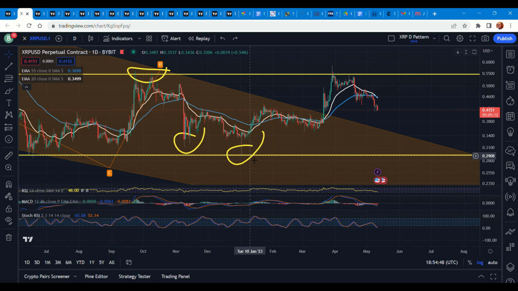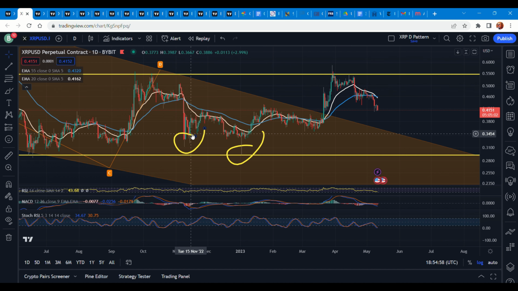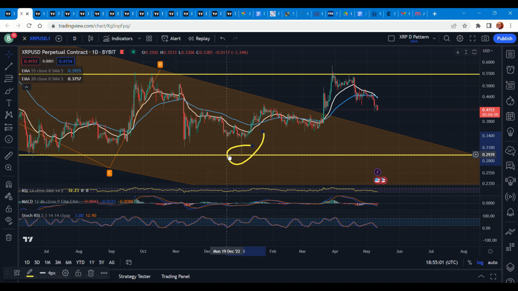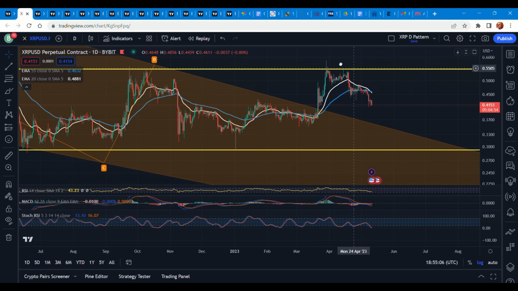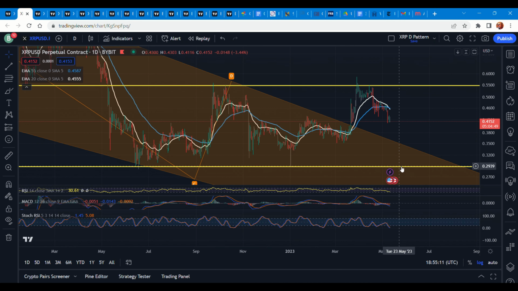This is why at the moment, I was telling you last week, that we are in the middle of a daily correction, and the reason being is the daily has topped out at the top of the range here, and it's coming down for the correction down.